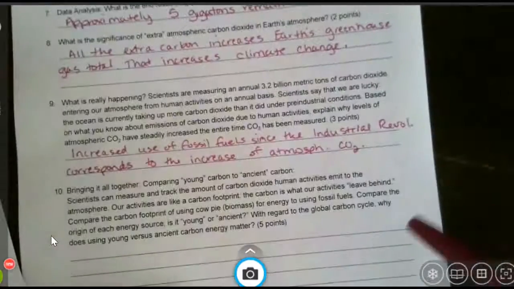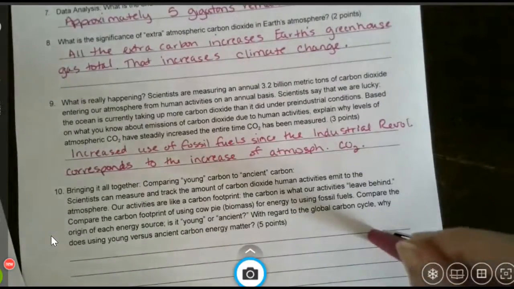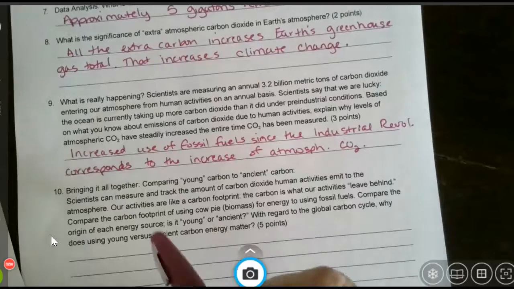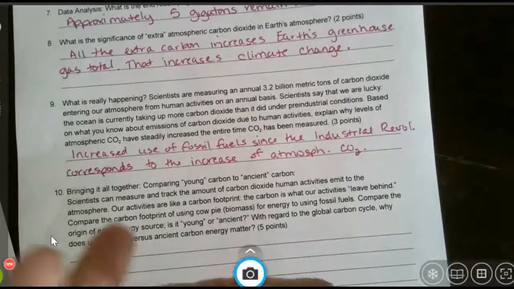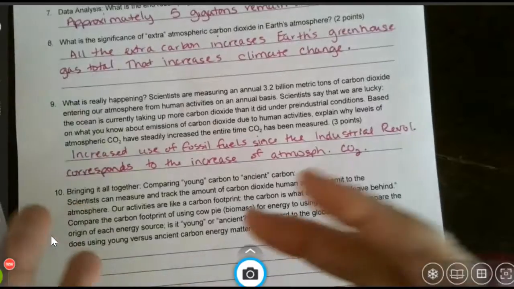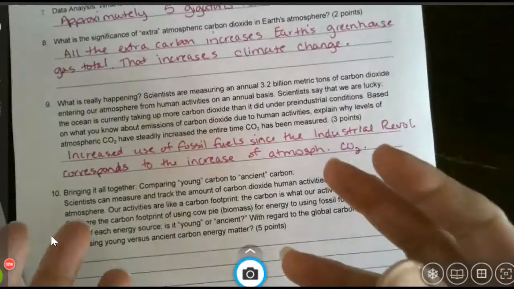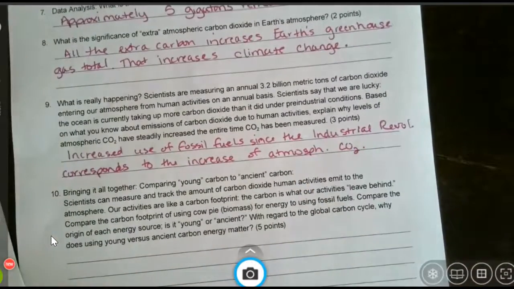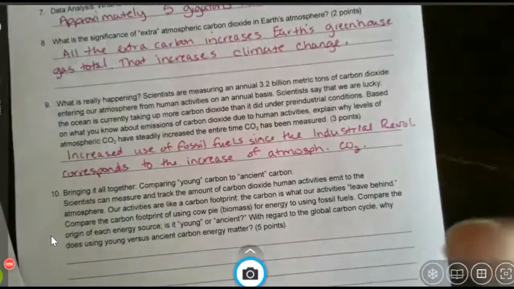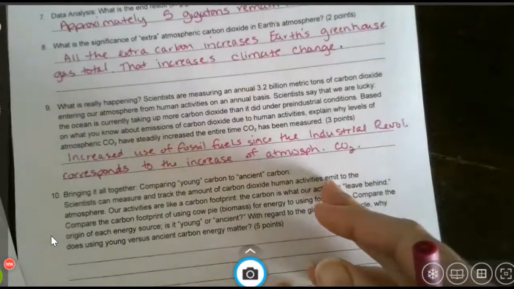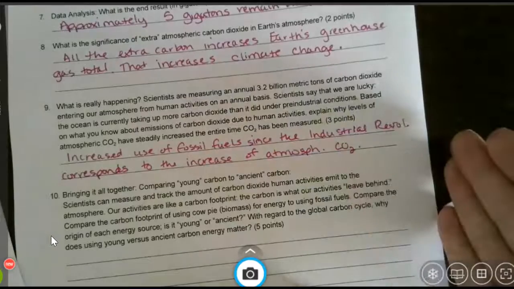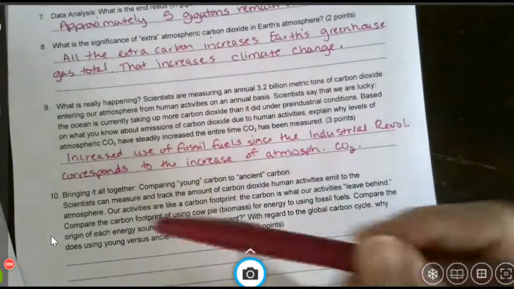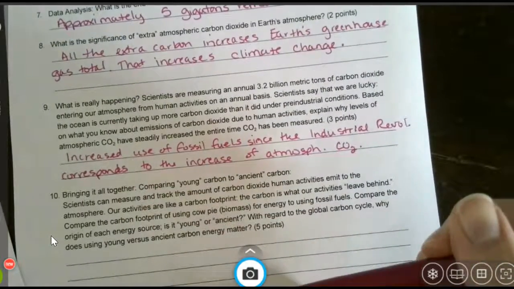So what you should be talking about in here is how the grass is converting sunlight into usable energy through photosynthesis. It's absorbing carbon dioxide, using the energy, making a bunch of energy in the form of ATP, and that's young. It's happening right now from year to year to year. So that would be your young fuel, right?